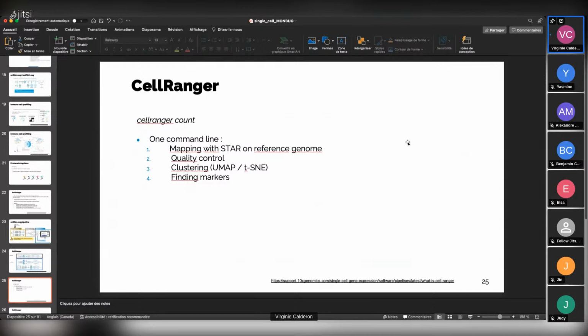After mapping with STAR, they perform quality control checkpoints. They do the clustering, the dimension reduction, the projection, UMAP, t-SNE, and also perform differential analysis to find markers. So everything is done in one command line. That's why it's really easy to use and generates a lot of files.